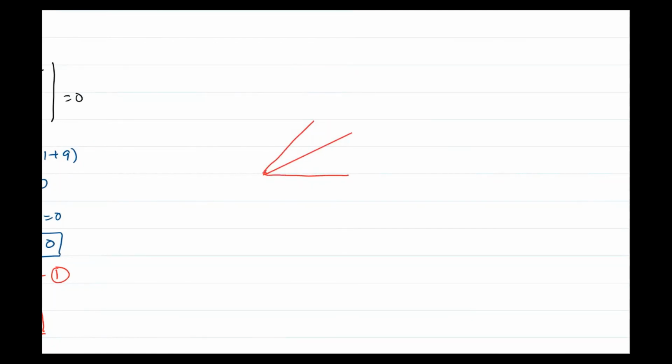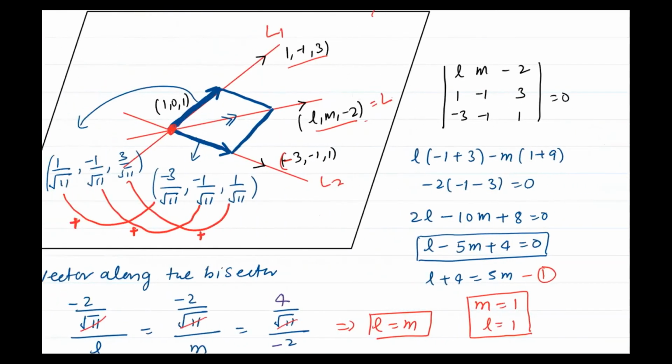What we do here is take the unit vector along this direction and the unit vector along this direction, and form a parallelogram. Let us say this vector is a cap and this vector is b cap. So this vector will be a cap plus b cap. And we have one more bisector vector, which will be b cap minus a cap, right?